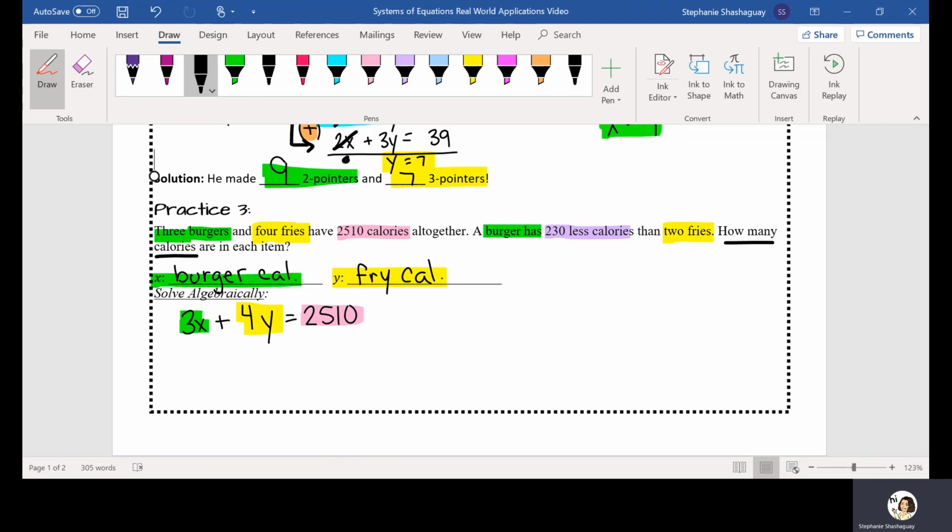So a burger, which is x, is equal to 2y, because 2 fries, minus, because less calories means minus, subtract 230. Okay, so I have x, my burger calories, is equal to 2 fries, 2y, minus 230.